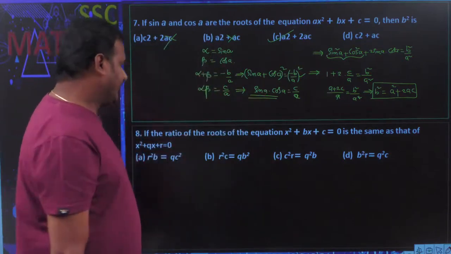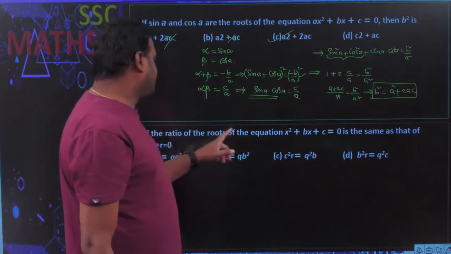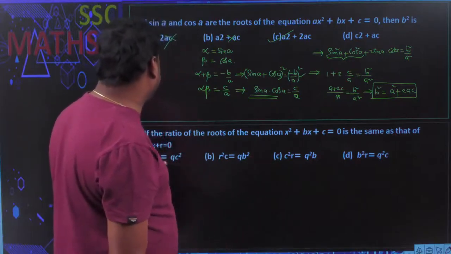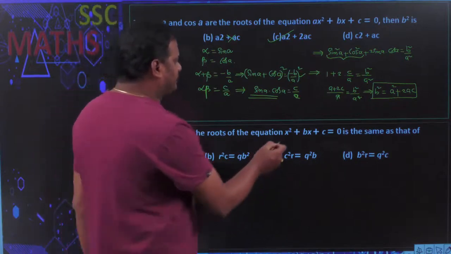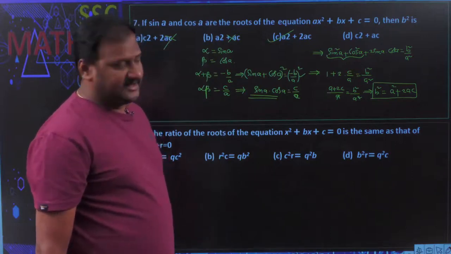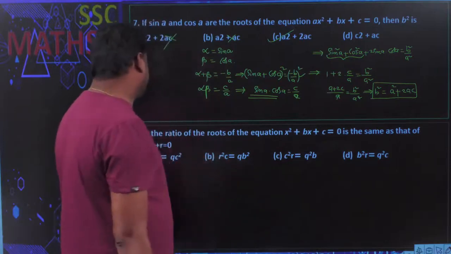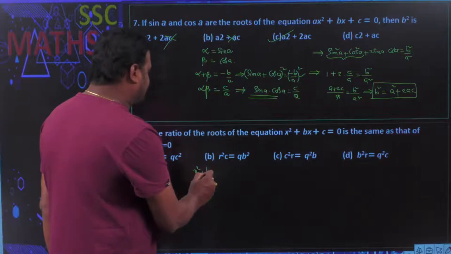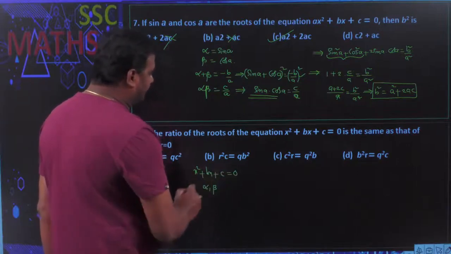You understand? Right. If the ratio of the roots of the equation x square plus bx plus c equal to 0 is the same as that of x square plus qx plus r equal to 0. For x square plus bx plus c equal to 0, the roots are, for example, alpha and beta.